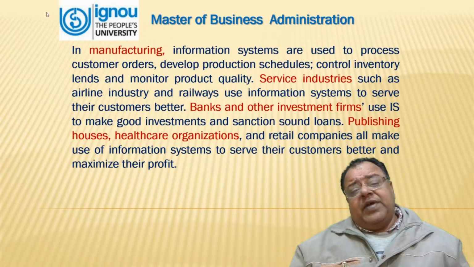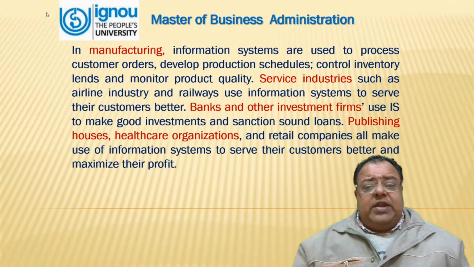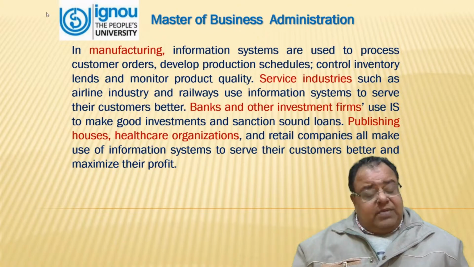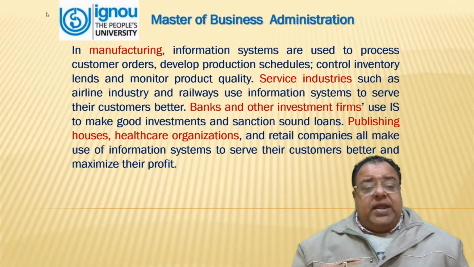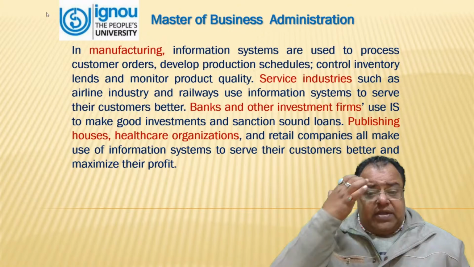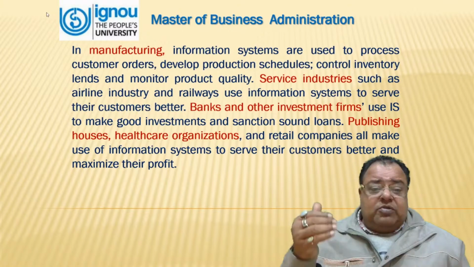In manufacturing, information systems are used to process customer orders, develop production schedules, control inventory levels, and monitor product quality. Service industries such as the airline industry and railways use information systems to serve their customers better.